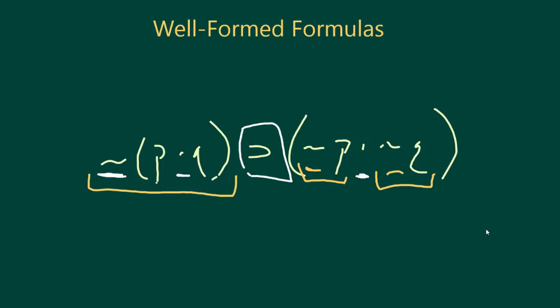This then is going to end up being our main operator. It's not embedded in our parentheses, and it is connecting two statements independently. You can have a negation as a main operator.